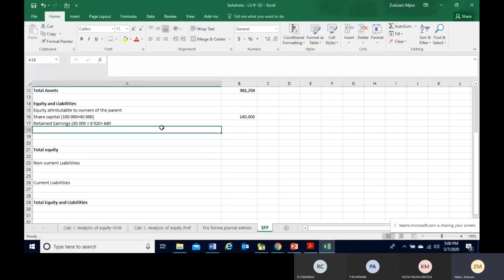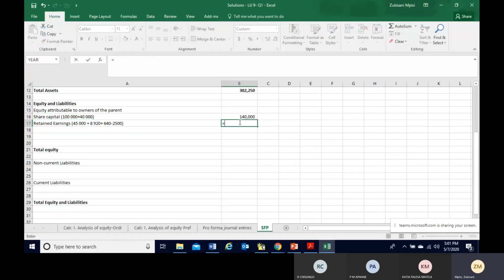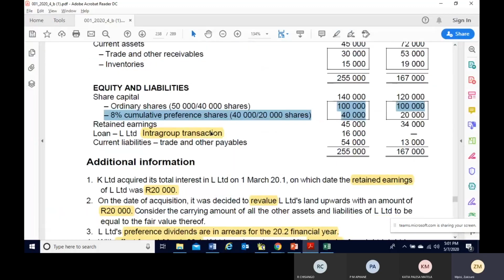So the 10,000 times 25% becomes 2,500. So which means that we have here 45,000 plus 8,920 plus 640, then minus 2,500, which gives you 52,060.